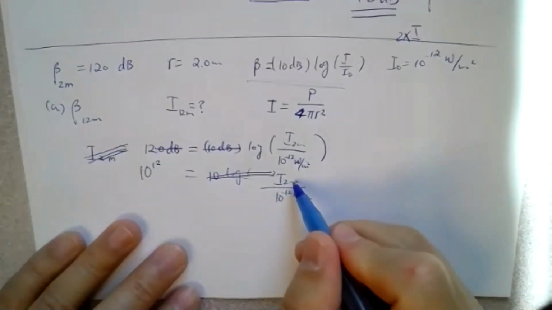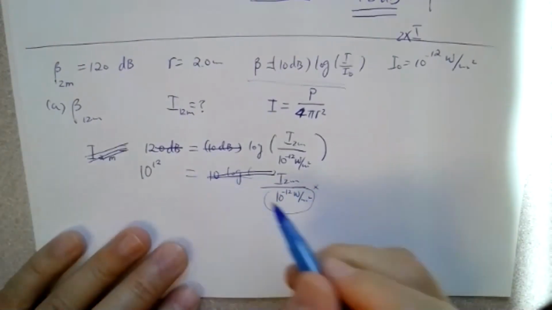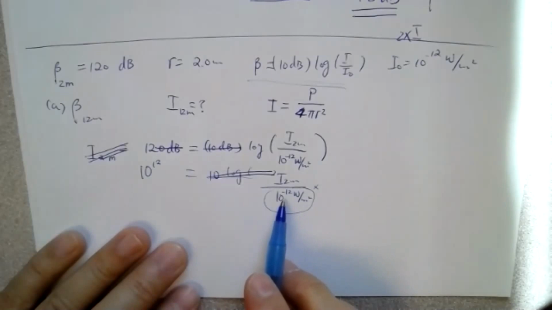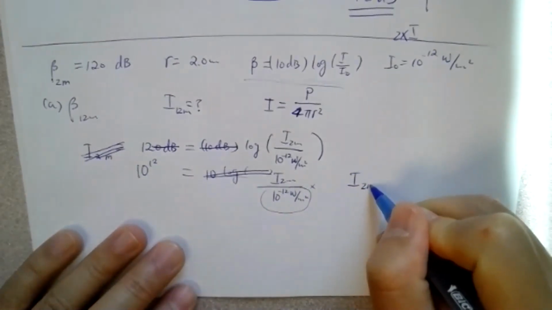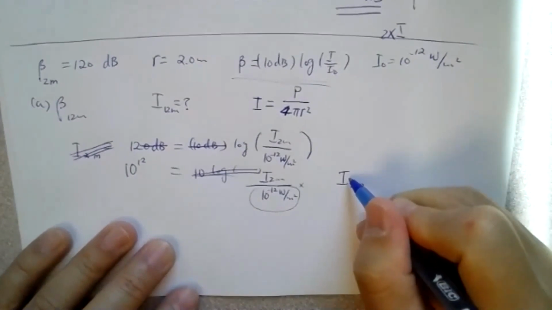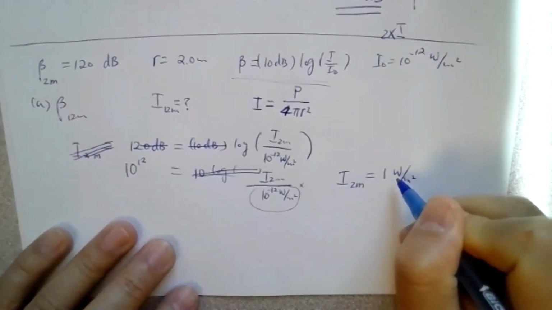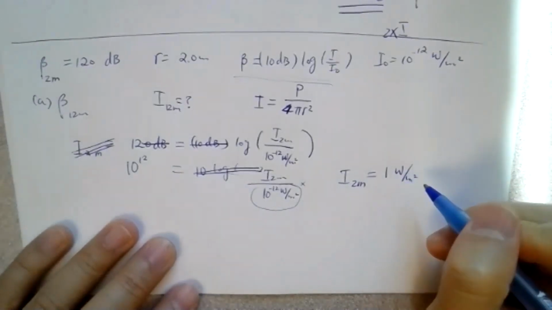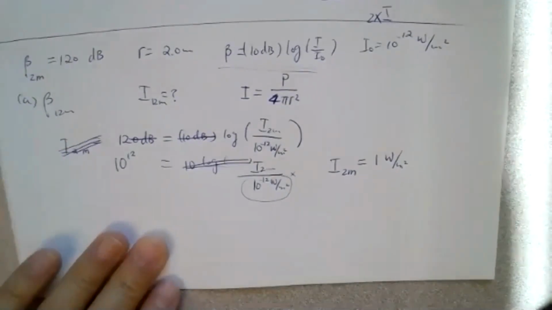Multiply both sides by this: 10 to the 12 times 10 to the minus 12 gives you 1. So that basically tells you at 2 meters, the intensity will be 1 watt per meter square.